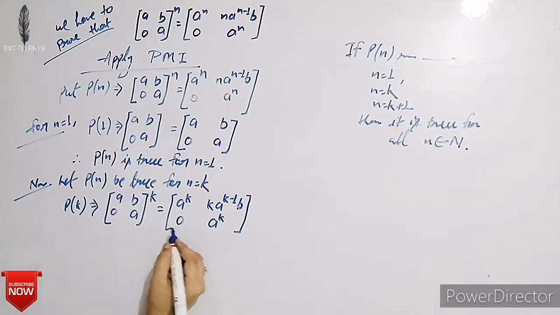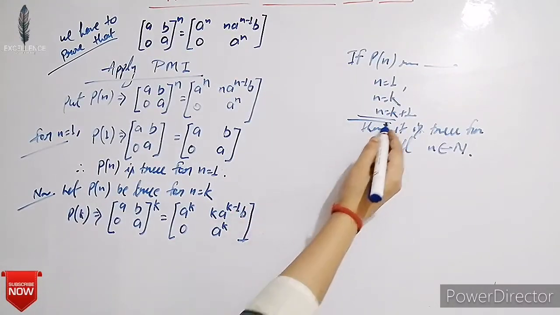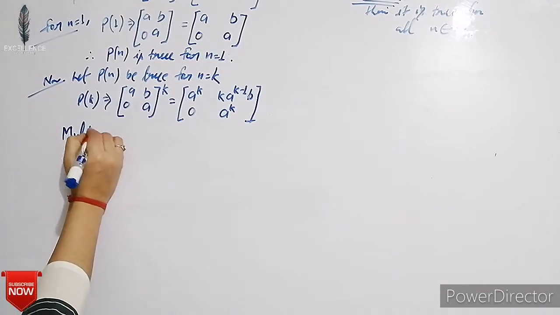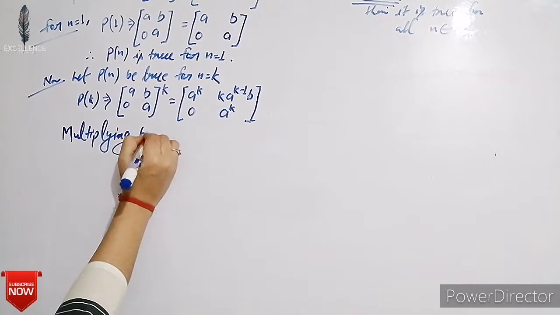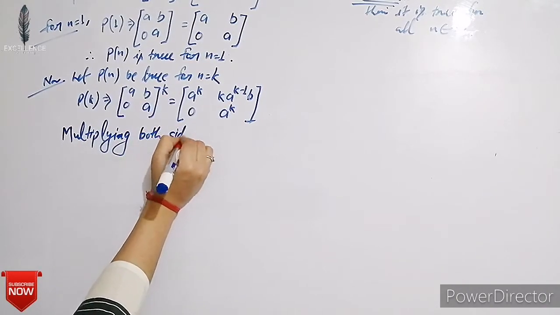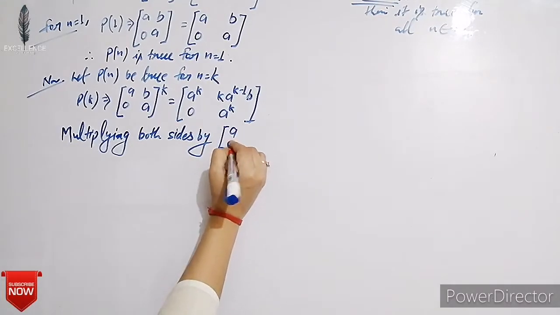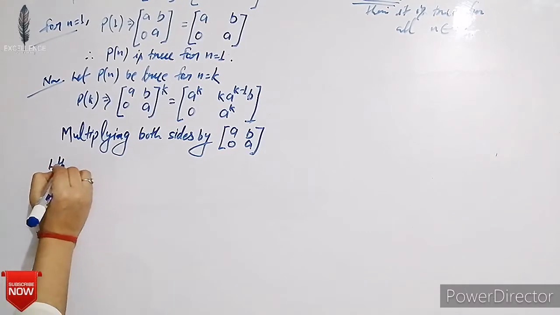Okay. Now for k plus 1 proof, what will we do? Here multiplying both sides by [a 0; b a] to convert it in the form of k plus 1.